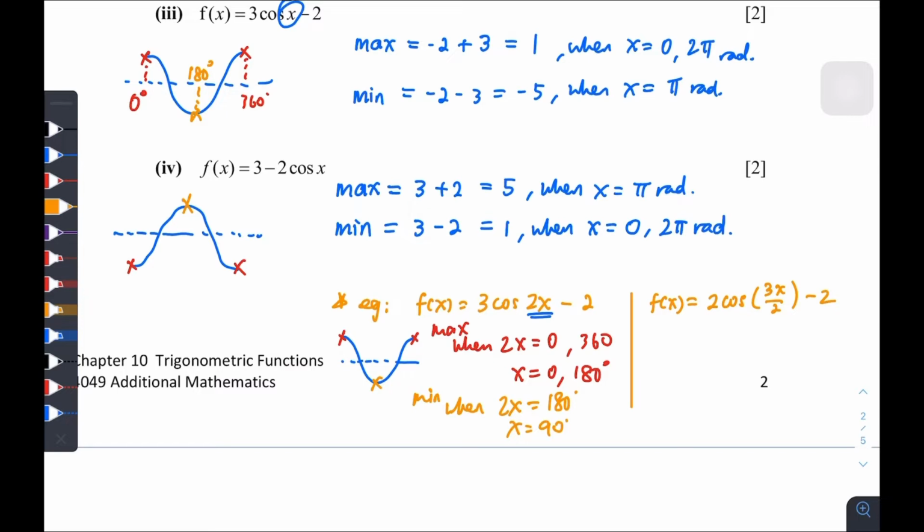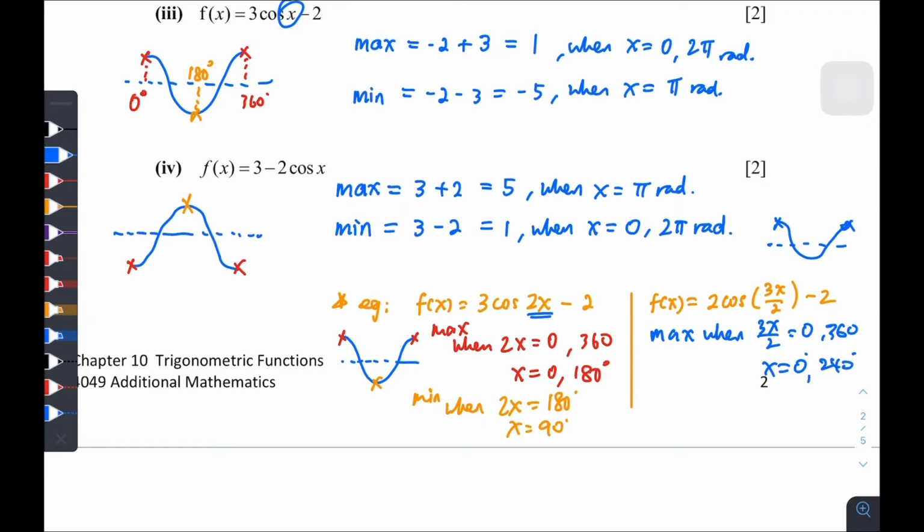The next example, same thing, making use of the cosine graph. You have the 0 and 360 degrees. So this would be the maximum when 3x over 2 is equal to 0 and 360, and then x is equal to 0 and 240 degrees.